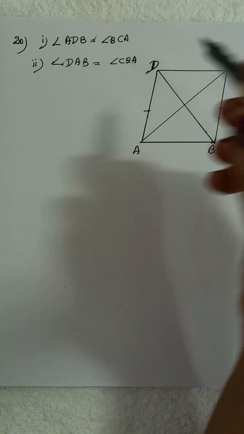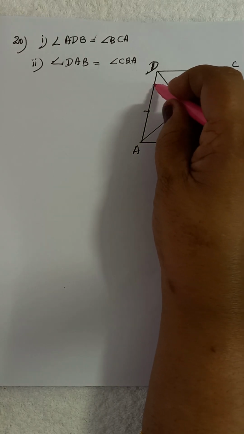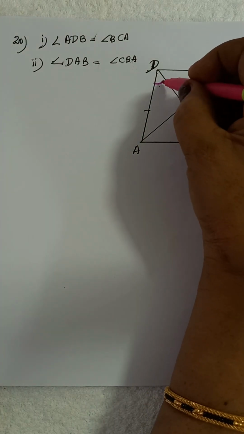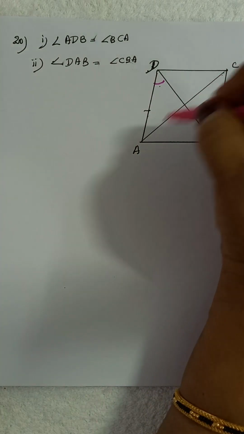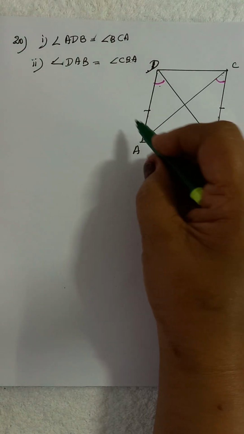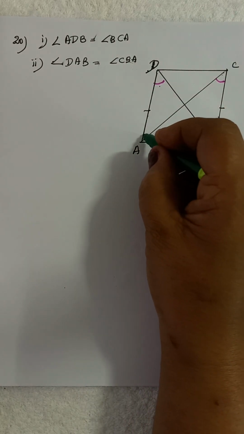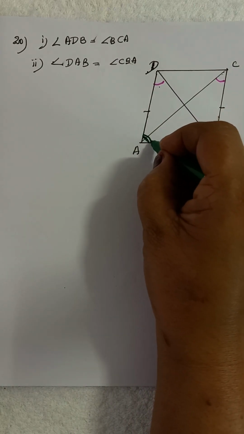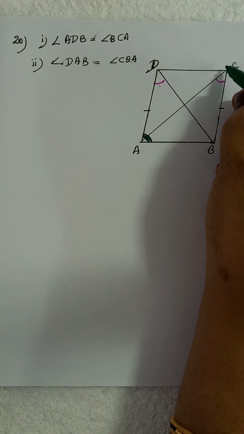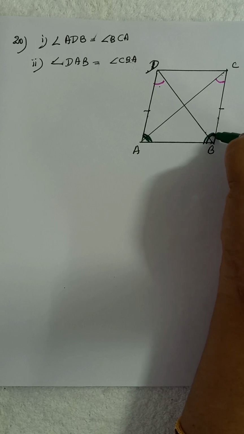We have to prove that angle ADB, that is this angle, is equal to angle BCA, this angle. These two angles as equal. Then we have to prove a second one, angle DAB, this angle as equal to angle CBA, this angle. So these two angles as equal.